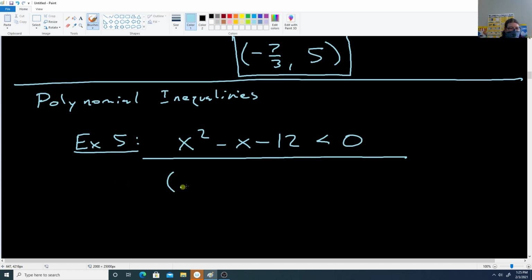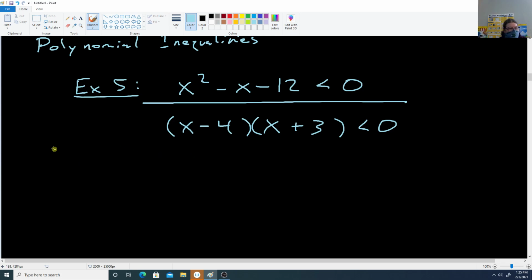So first, we're going to factor this. So this is going to factor as x minus 4 times x plus 3. Next, we're going to find the zeros of the expression. So to do that, I'm going to set each individual factor equal to 0. We'll solve those for x.